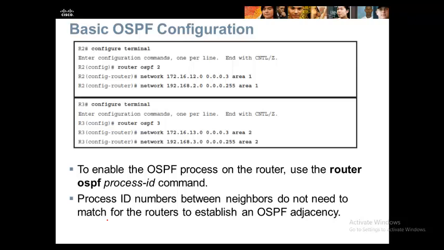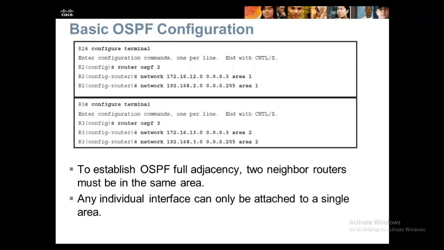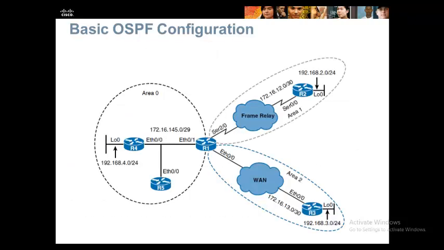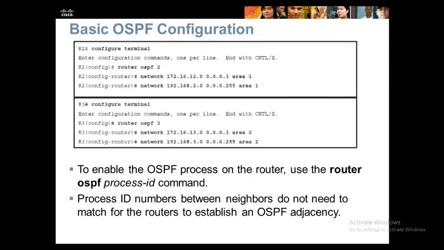All right. Area ID should match. Wildcard mask only we should use. We cannot use subnet mask. See, if you want to use a normal subnet mask in OSPF, then you need to work on a Cisco ASA firewall.